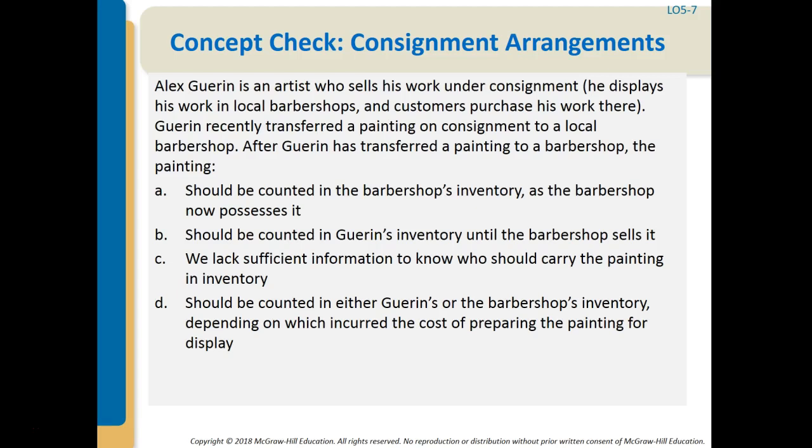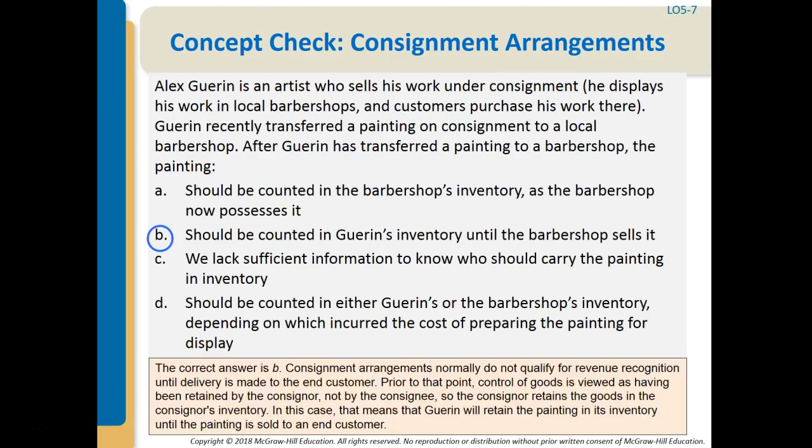B, should be counted in Guerin's inventory until the barber shop sells it. C, we lack sufficient information to know who should carry the painting in inventory. Or D, should be counted in either Guerin's or the barber shop's inventory, depending on which incurred the cost of preparing the painting for display.